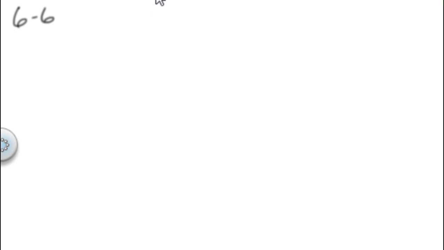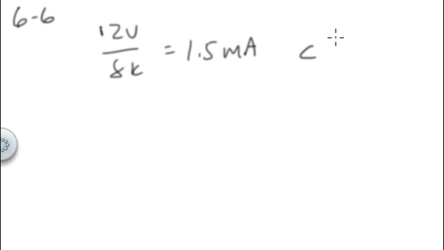We have a circuit with an 8K resistance. So before switch A closes, we have a circuit with 12 volts and 8K. So that's our resistance. What is the current through the first 2K? So it basically is 1.5 milliamps up till when t is less than 0.